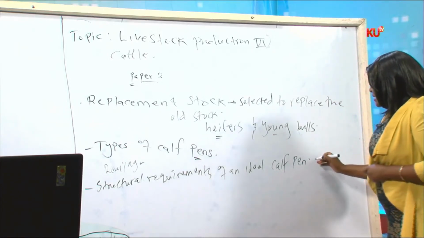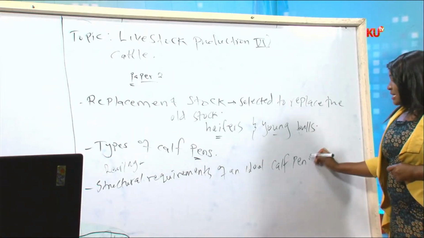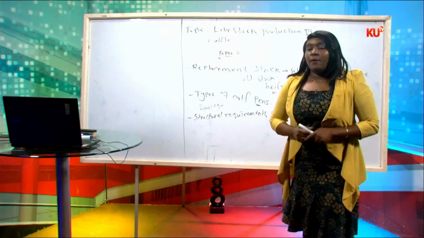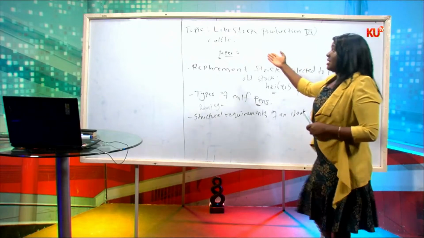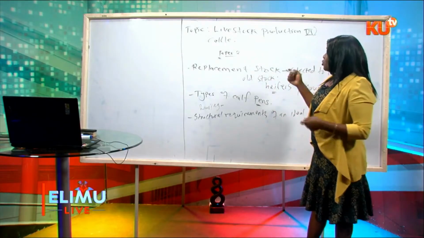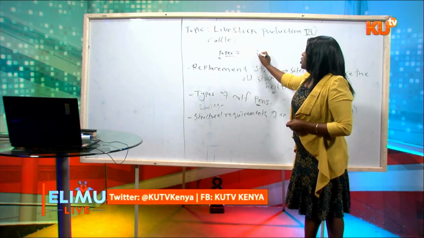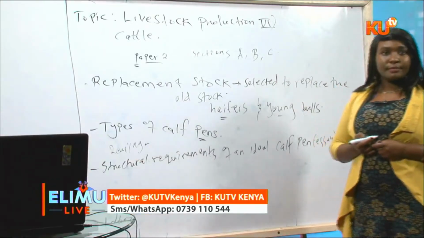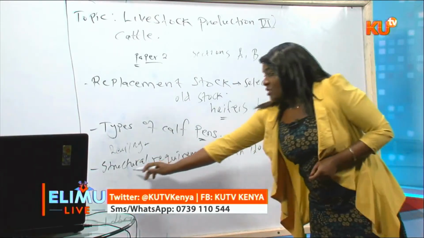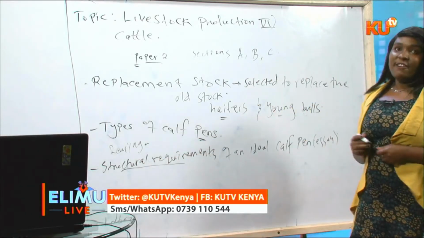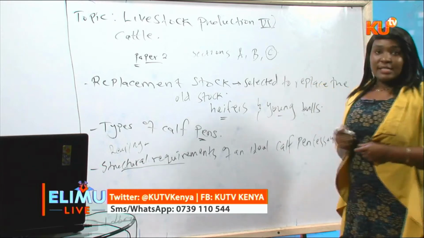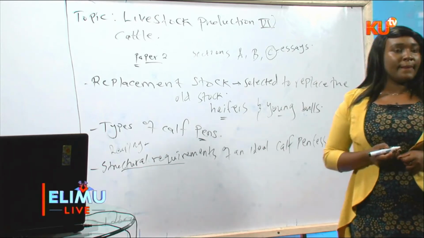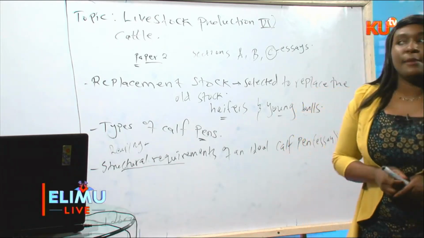And I want to say, particularly in this case, this is an essay question. At Form 4 level, by now you are familiar, we have already said that this is a topic in paper 2, and you know in paper 2 or in any paper in agriculture, we have sections A, B, and C. This bit of the structural requirements of an ideal calf pen is commonly tested in section C, which comprises the essay questions, which can carry even up to 20 marks.